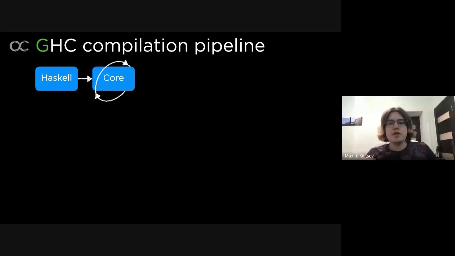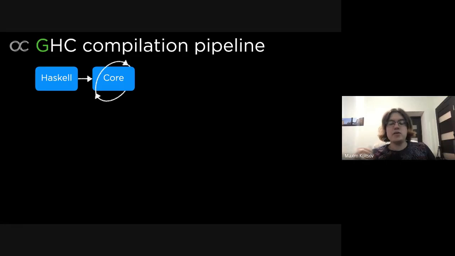Core is a language that is simpler than Haskell, but still has a lot of features. But being simpler than Haskell, it allows you to write optimizers more easily than for Haskell, which is usually called surface level syntax.